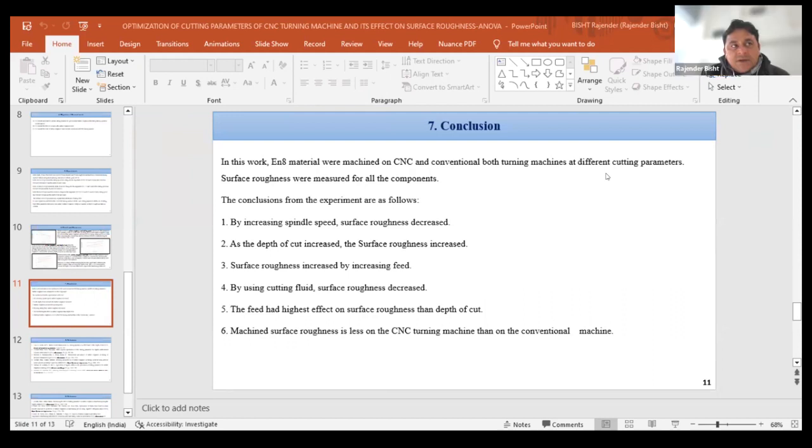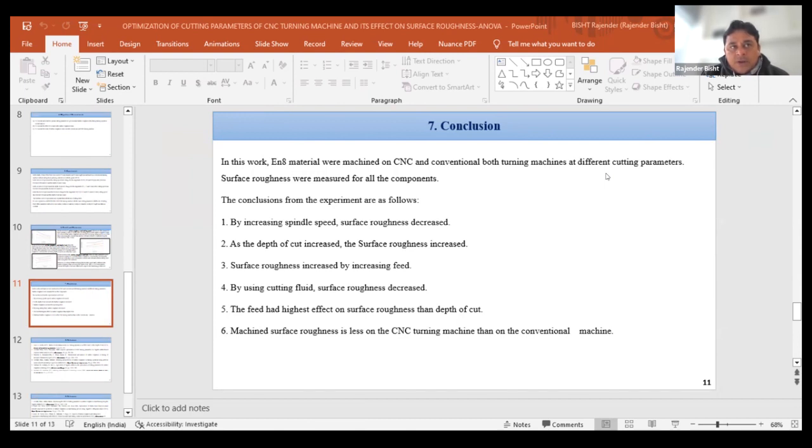Basically, in terms of product quality, our aim is to get a good quality product. Good quality product means we should have a good surface roughness. That's why my objective is to get the optimized process parameters to get the minimum surface roughness. In my next study, I'll work on the material removal rate.